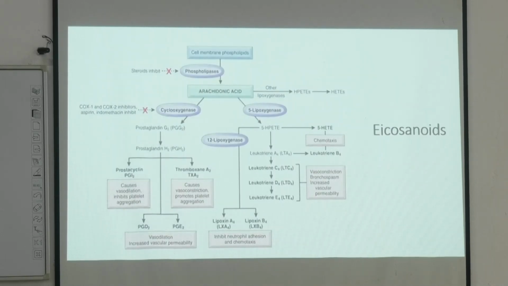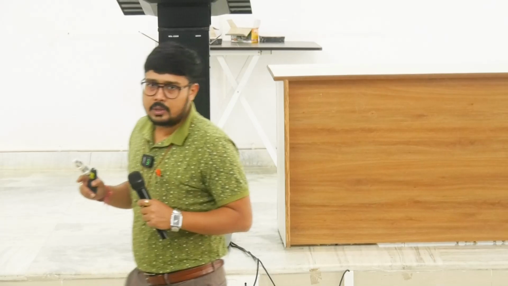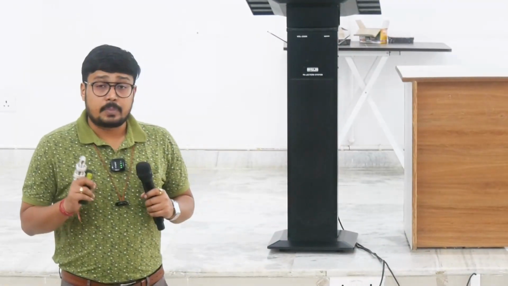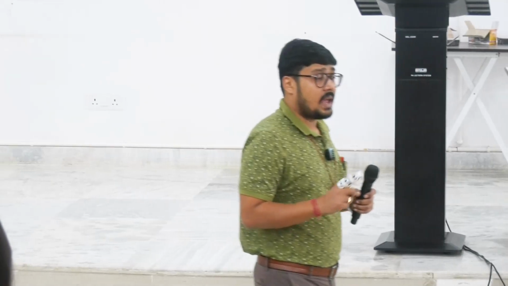Why is it called icosanoids? It's a bit of an organic chemistry class. Icosanoids are the derivatives of a 20 carbon molecule called arachidonic acid. Arachidonic acid is a 20 carbon compound present within our body, derived from the cell membrane phospholipid.